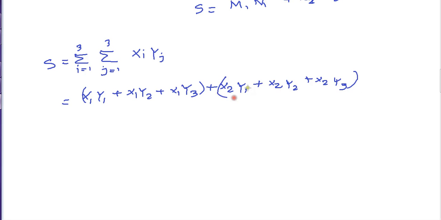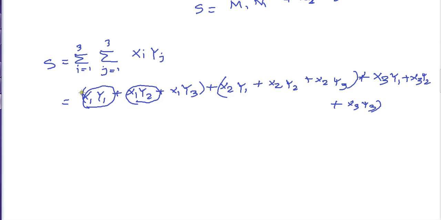And then x3 y1 plus x3 y2 plus x3 y3, right? So here we have 9 terms in this equation, because we are given two sums, and in each sum we have 3 parts.